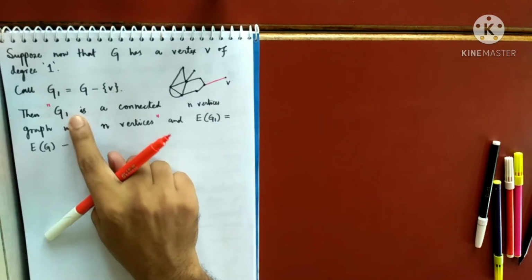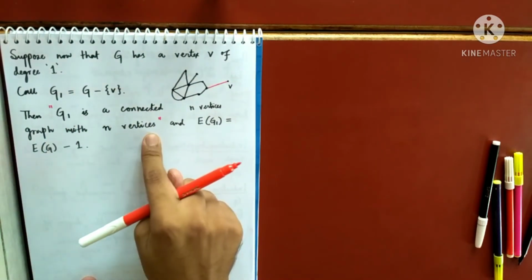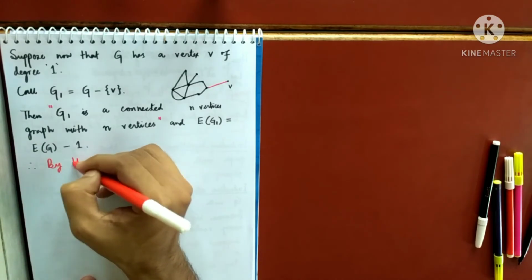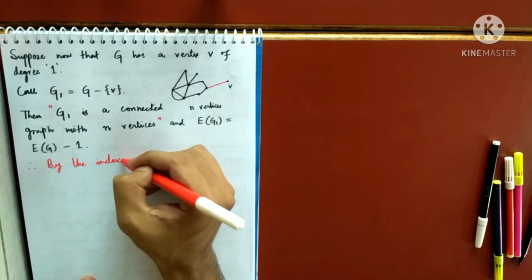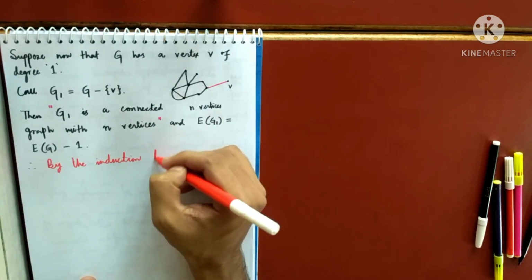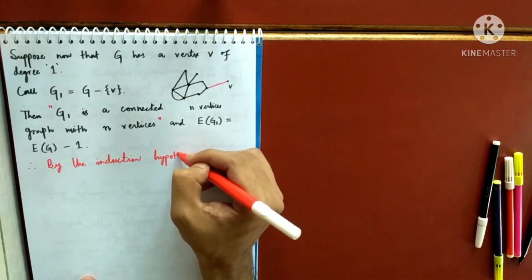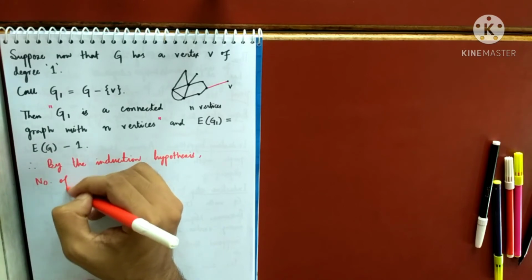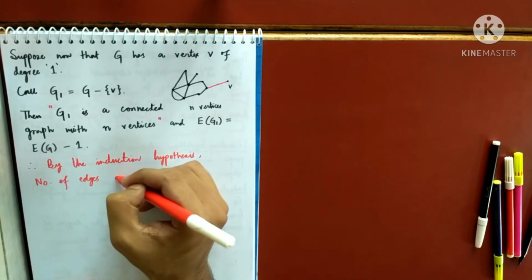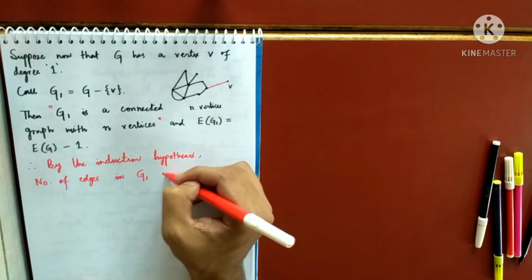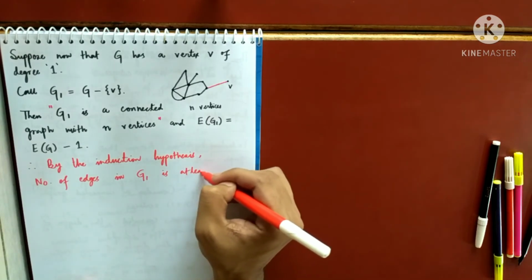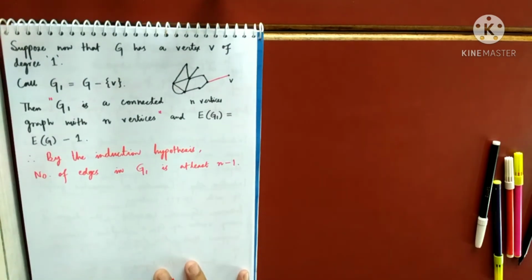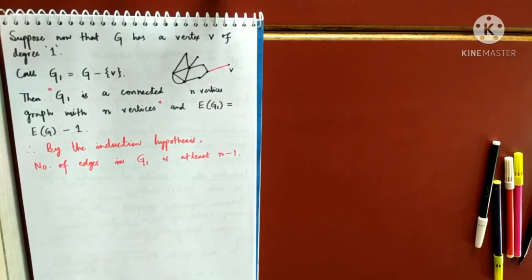So G1 is a connected graph with n vertices. Therefore, by the induction hypothesis, what can be said? Number of edges in G1 is at least n minus 1. Understood my point up to here?